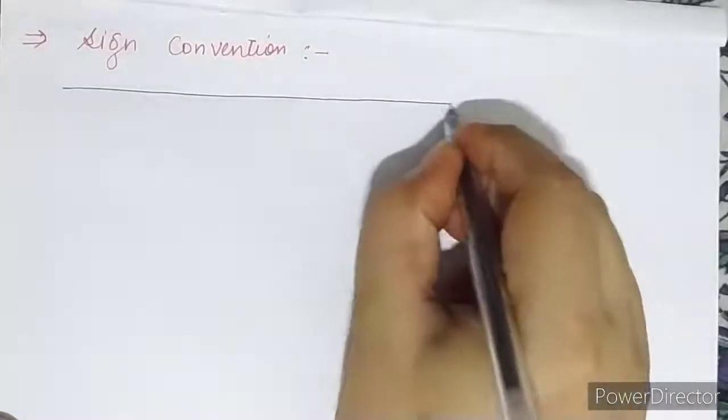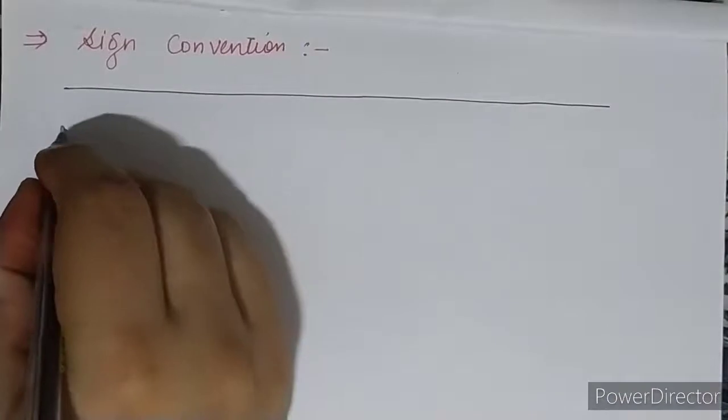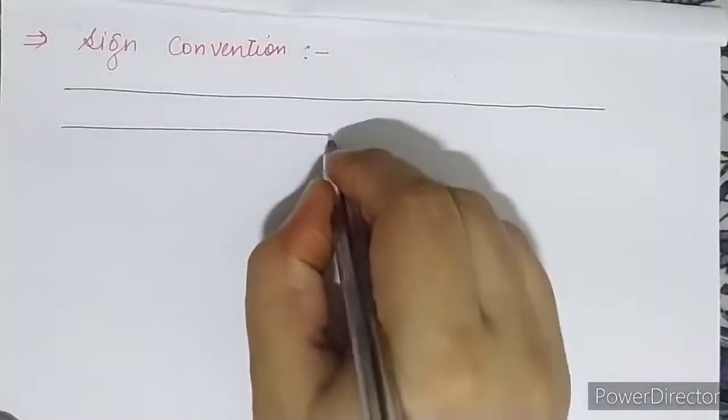So in sign convention, what do we have? The same three things we had before. What are these three things, beta? If you remember, we have drawn them in our mirror chapter as well.